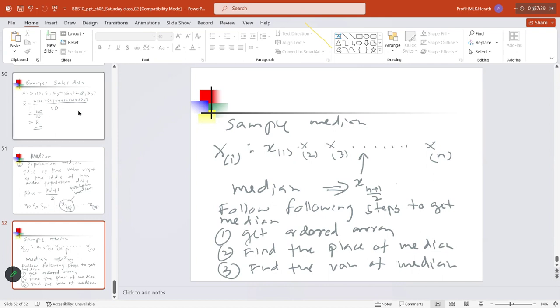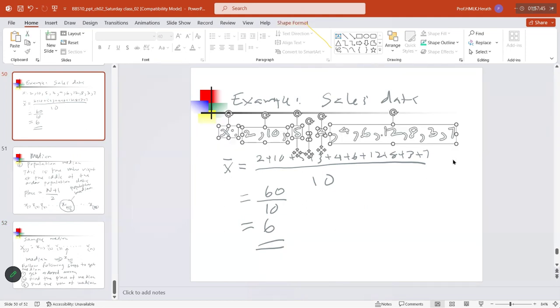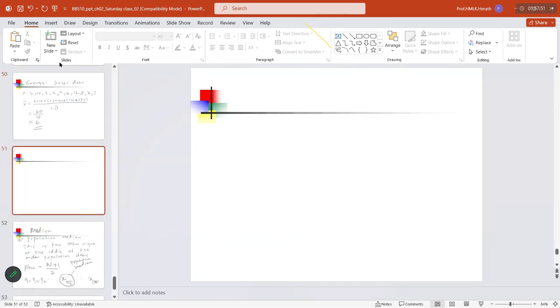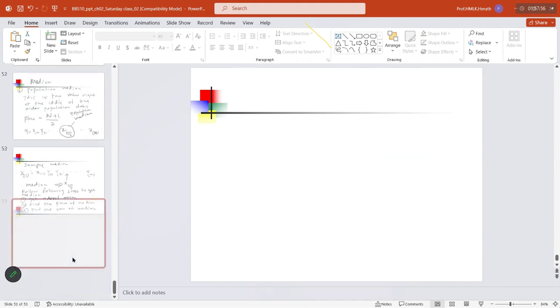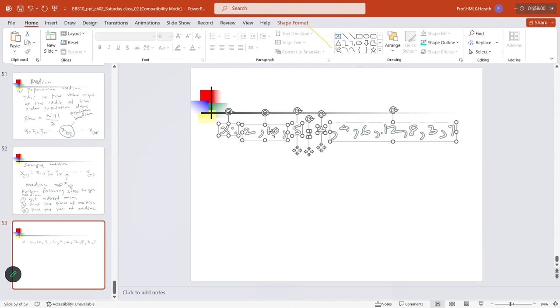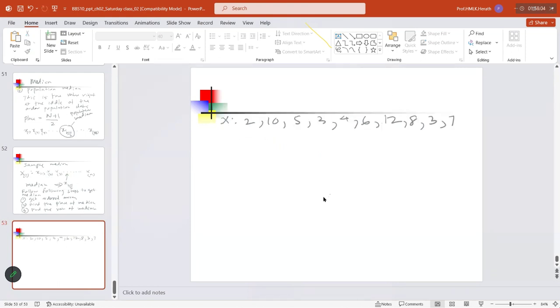So let's do it. We will do it and see. So this is our data, these are sales data.